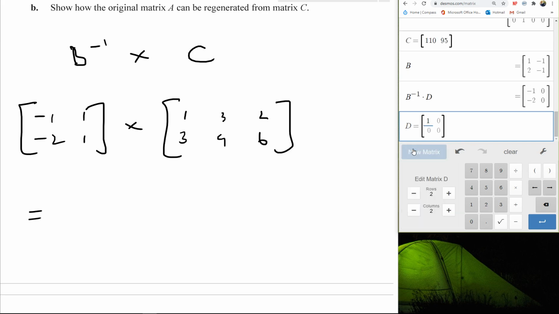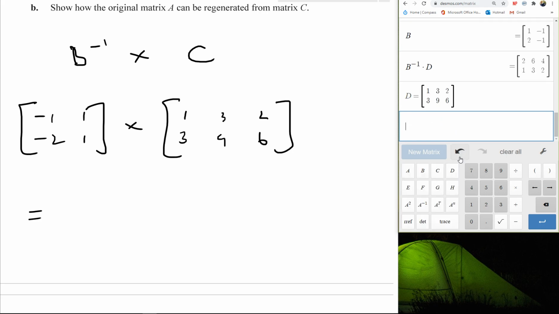So 1, 3, oh sorry, forgot to add another column there, 2, 3, 9, 6. In this case it's called D, but just know that it's this matrix here. So we're going to go B inverse multiplied by D.